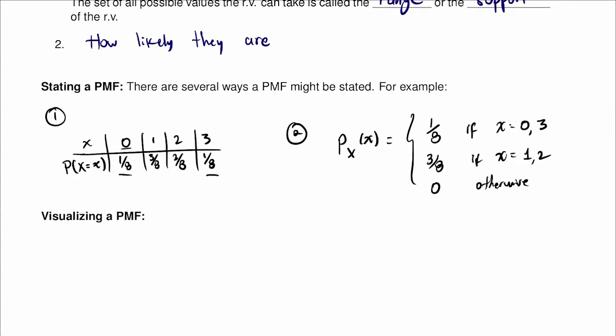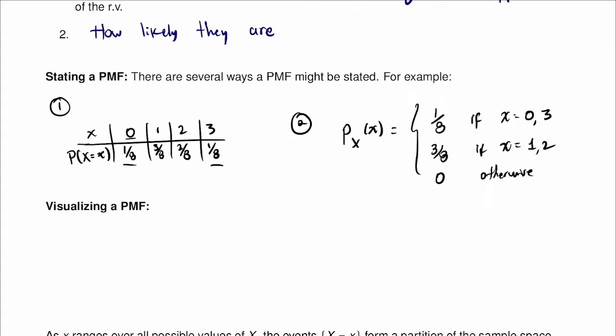So we have these two possible ways we can state the PMF. This probability here is the probability of the random variable X taking the value x.